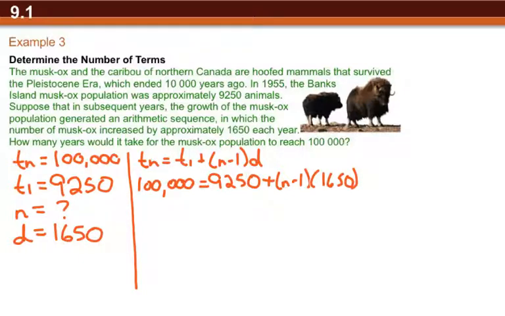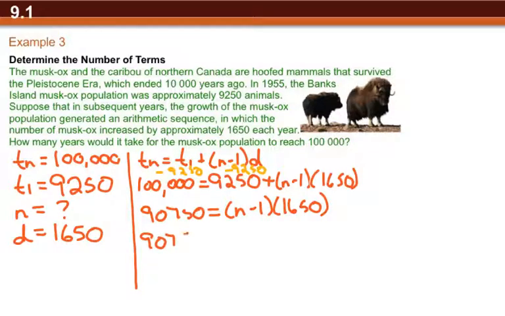Easiest thing to do first would be to subtract 9,250 from each side. We've got two options. Probably the simplest one would be to distribute the 1650 in on the right.